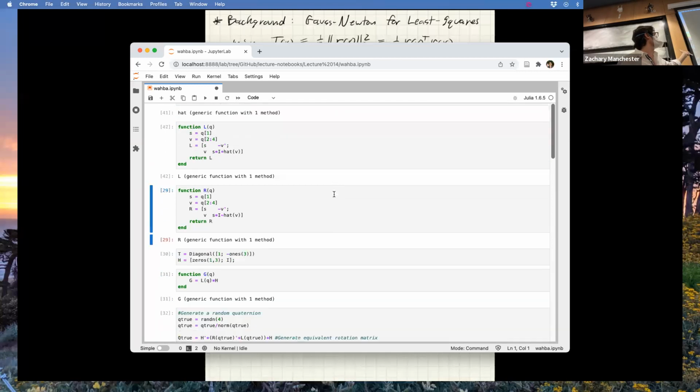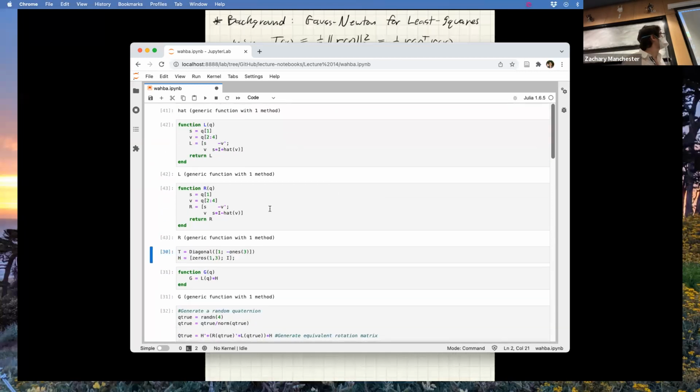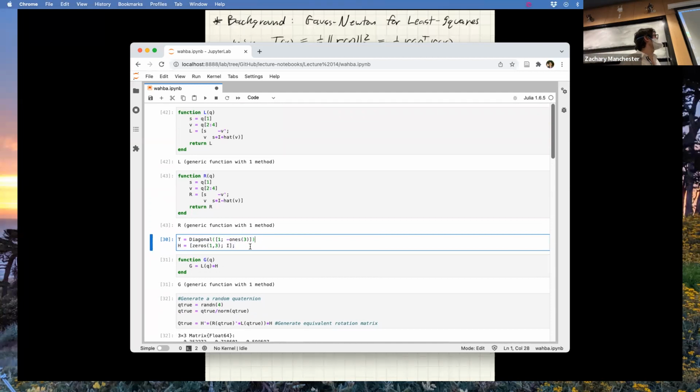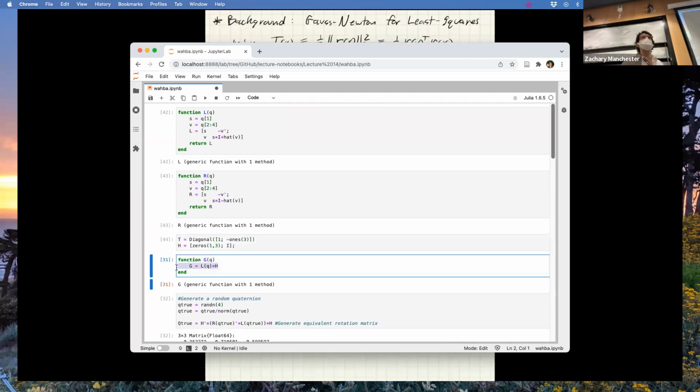This is the right version, although I don't think we use it in here. This is that T matrix that does the quaternion conjugate. This is the H matrix that does the promotion hat map thing to make a 3D vector a quaternion with no scalar part. This is the attitude Jacobian, the 4x3 thing.